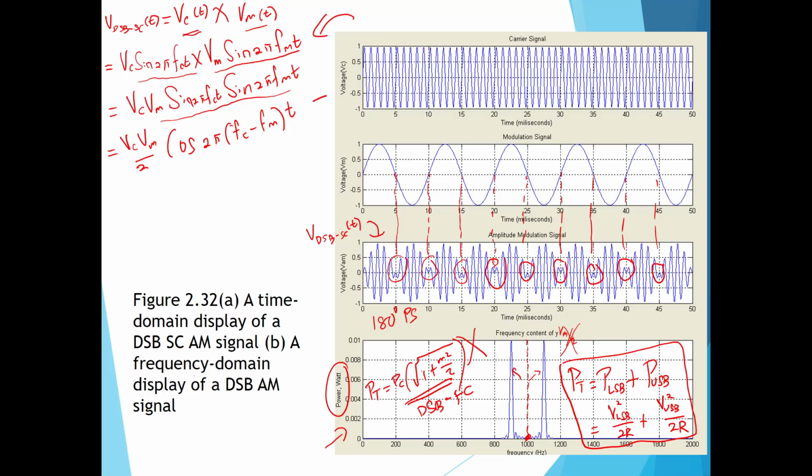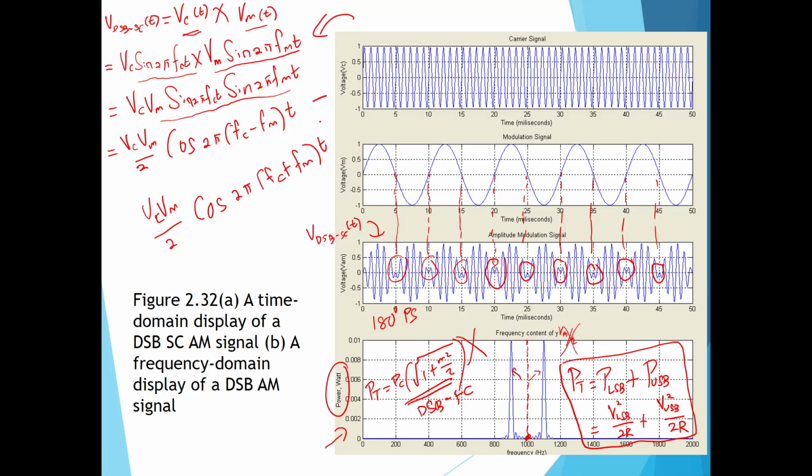So if I elaborate the equations, sine and sine, according to the trigonometry identity, will become cos minus cos. So Vc Vm over 2 cos 2 pi (Fc minus Fm)t minus Vc Vm over 2 cos 2 pi (Fc plus Fm)t.